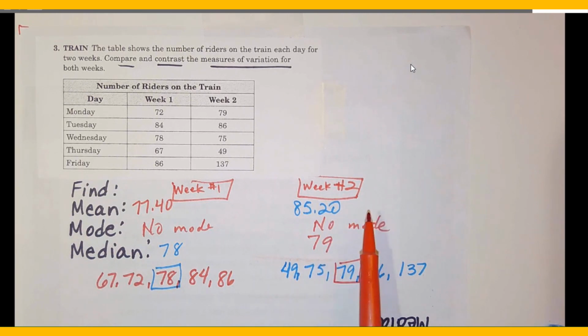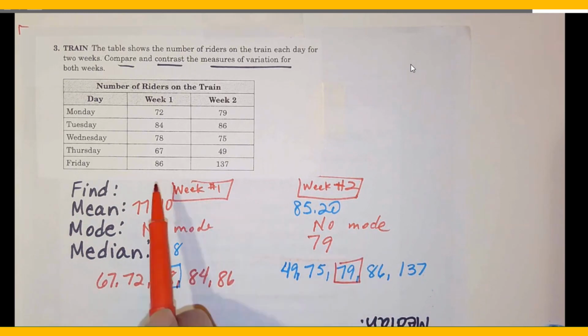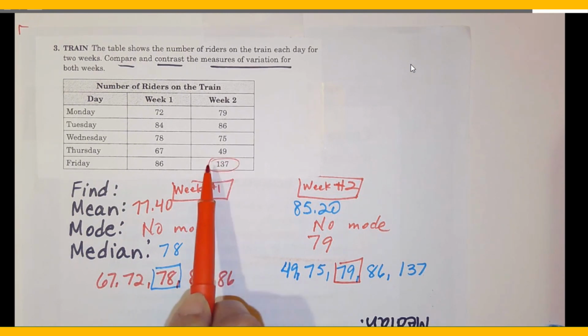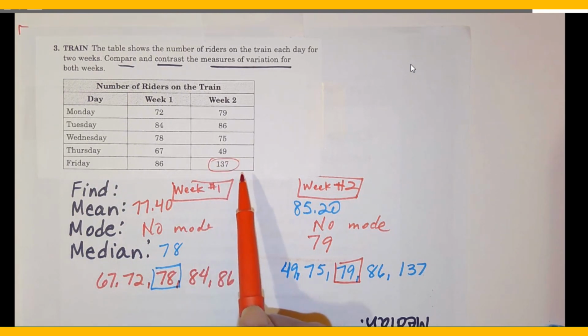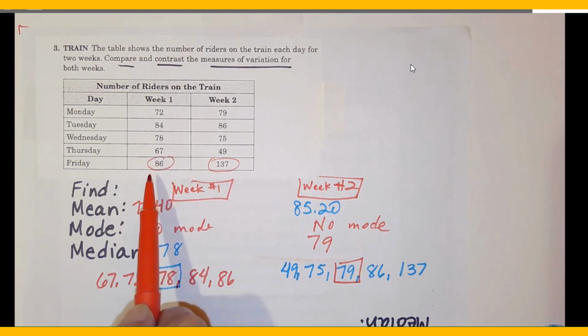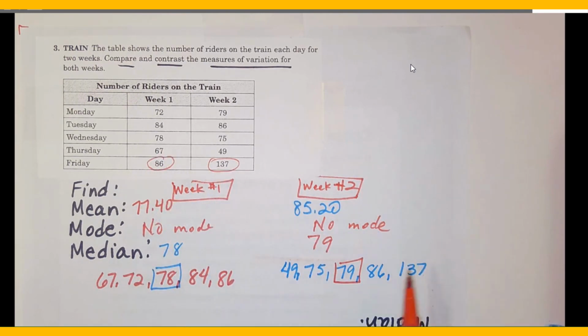So what could be the reasons why that is the case? Well, it could be a lot of things. Maybe on Friday, you have more people traveling on the train instead of using their vehicles. In this week, you had 86 and 137, so that changes your average.